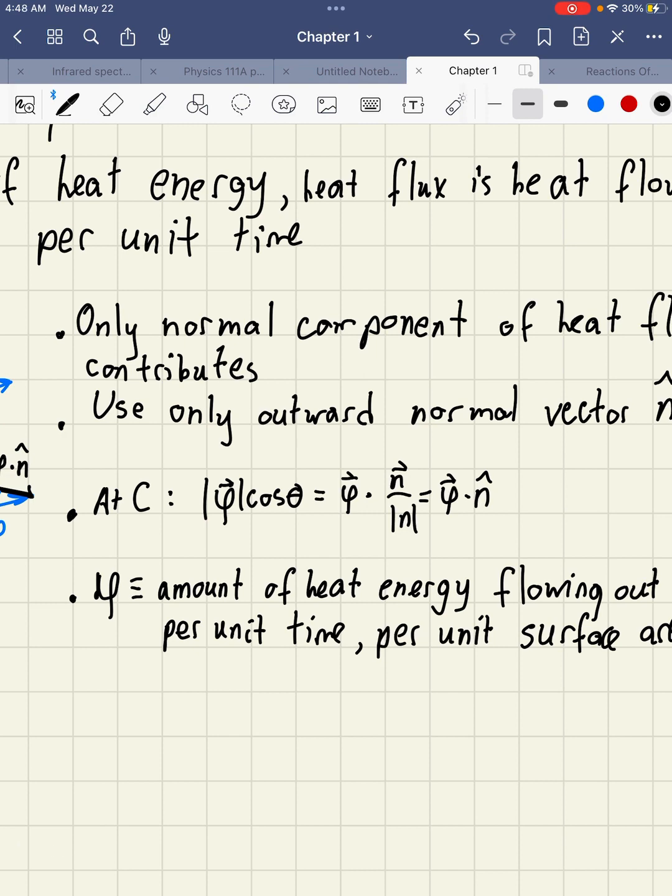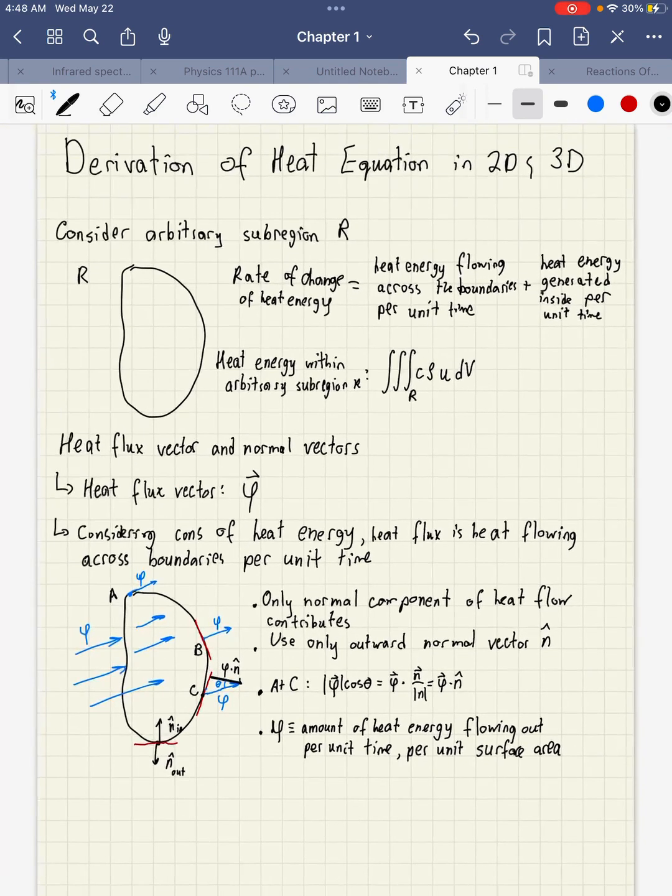Now in order to determine the amount of heat energy, we want the rate of change in time. But since our phi has an extra surface area, we just have to find the vector component that contributes to heat energy, multiplied by its surface area.